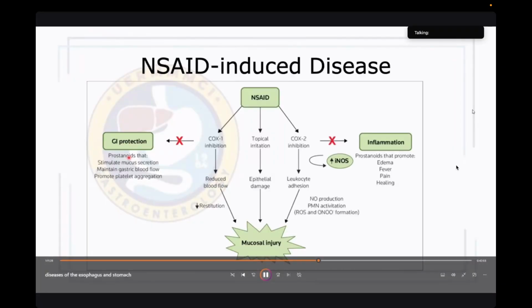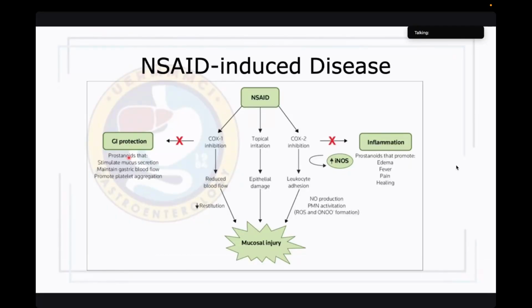They stimulate mucus and bicarbonate secretion, they increase the mucosal blood flow, and they have a role in epithelial repair. So when prostaglandins are inhibited, the defense of the GI tract is also impaired. So there will be erosions or ulcers, and this can be accompanied by complications such as bleeding.